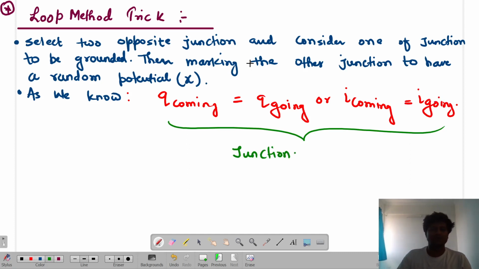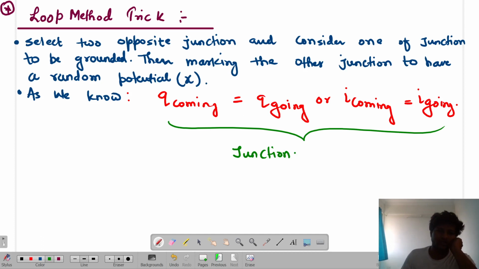So marking this junction with potential X, and charge incoming equal to charge outgoing, will provide you the idea of how to find the potential of a particular point. Are you able to get me or not?